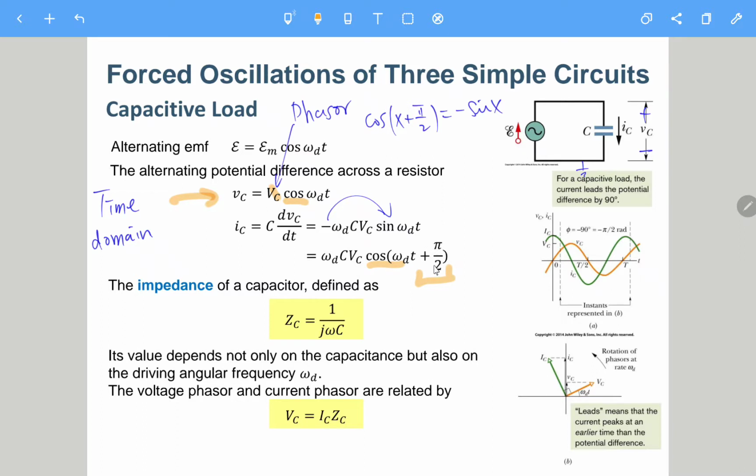pi over 2. This pi over 2. So if you still remember, we talked about Euler's identity. Euler's identity is e to the i theta equals cosine theta plus i sine theta, something like this.